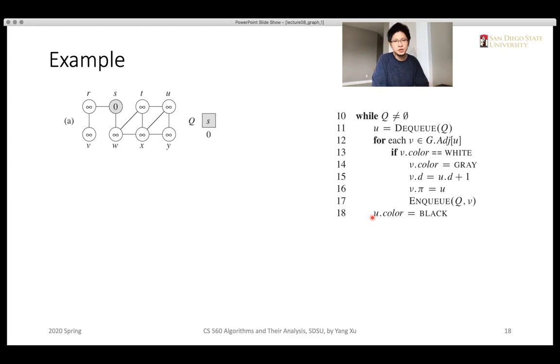So the dequeue will remove S from the Q, right?